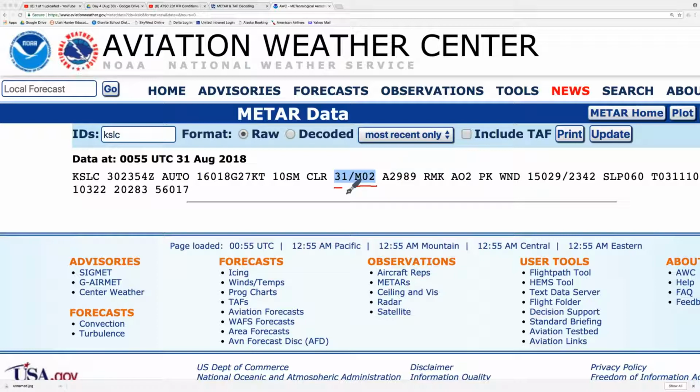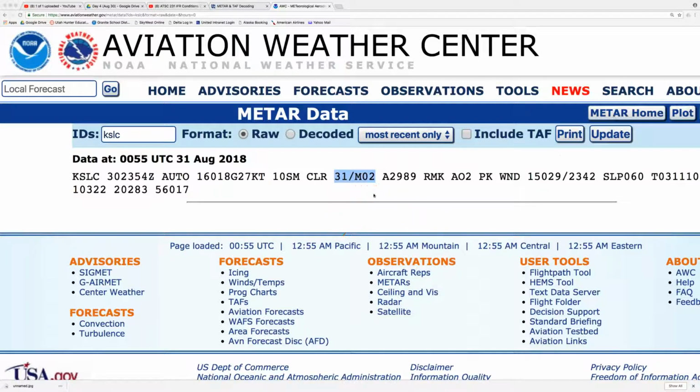So when we see the temperature and the dew point come together, if it was 31 and 31, we know that there is likely fog. And the way we confirm what type of fog is, a lot of times we can look at the wind and say that would have to be advection fog, because that wind speed is probably not going to produce a lot of fog.